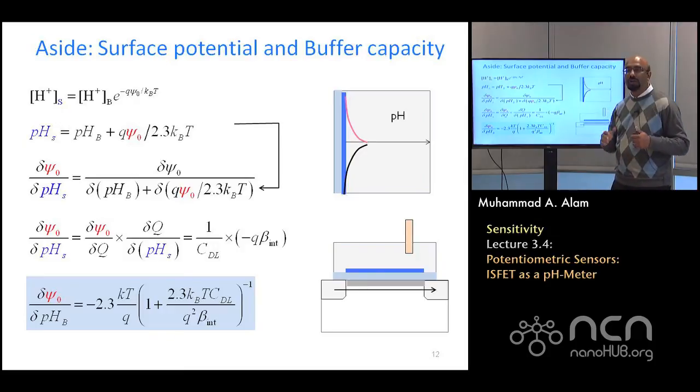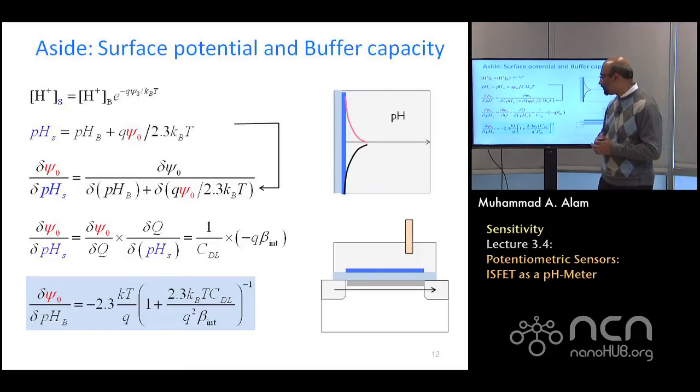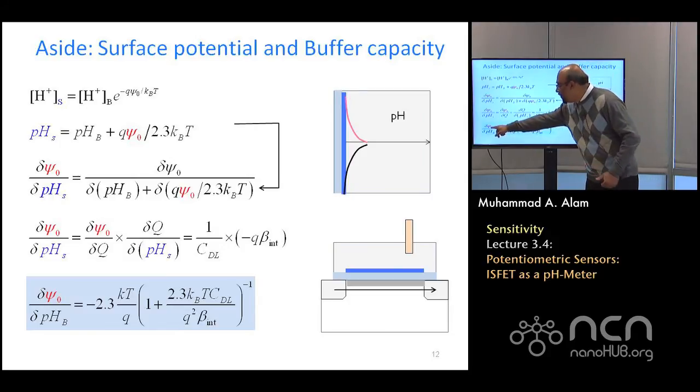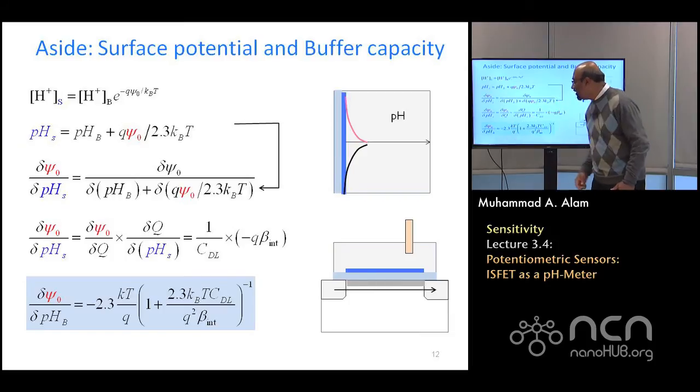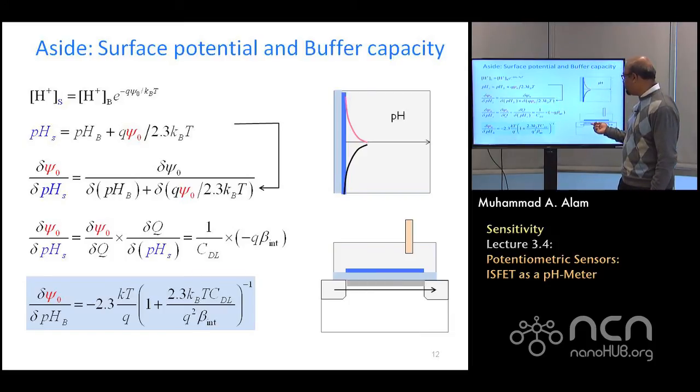It's always going to be less than 60 millivolt per pH for the bulk concentration. Now you remember this is very important because this psi naught at the end is going to determine how much charge you have in the channel and correspondingly how sensitively the MOSFET responds to these charges on the surface.